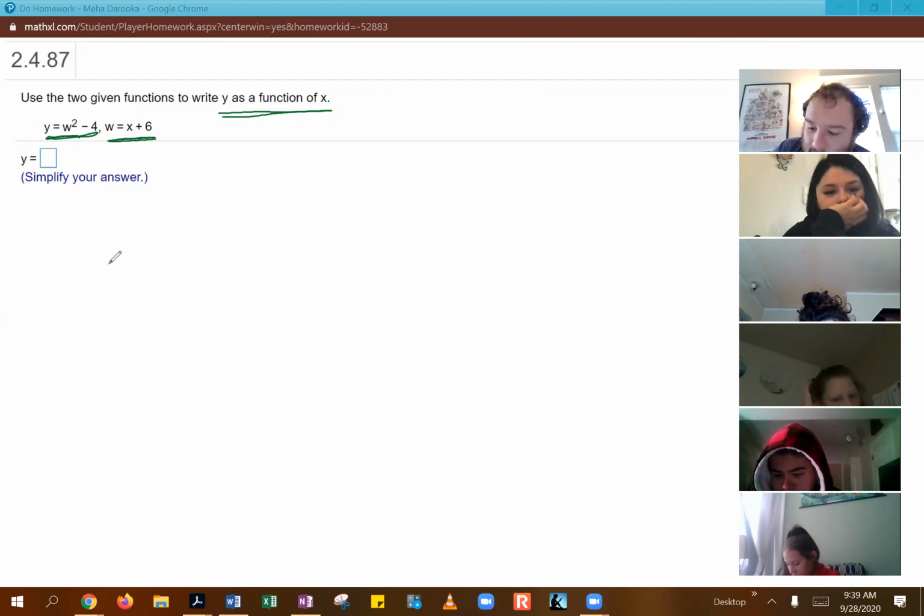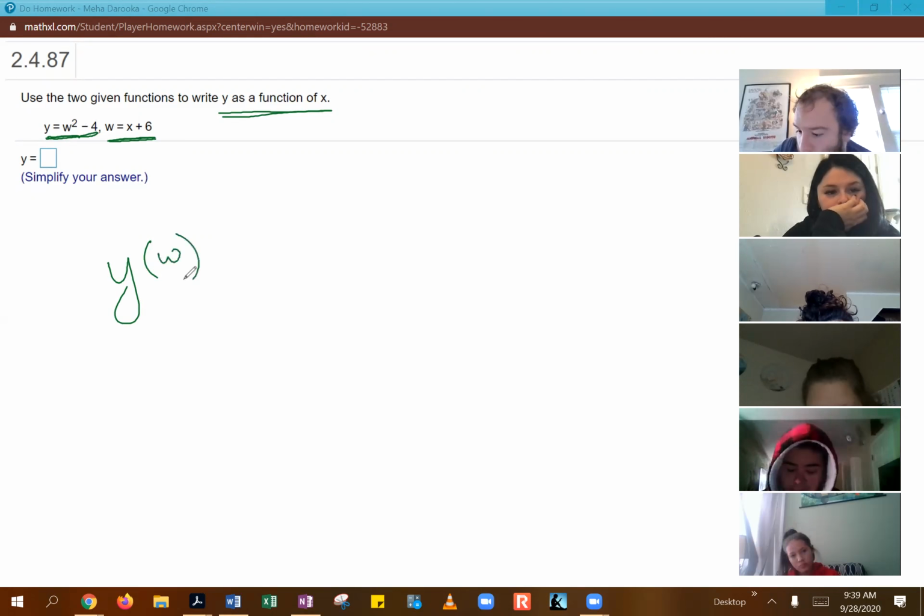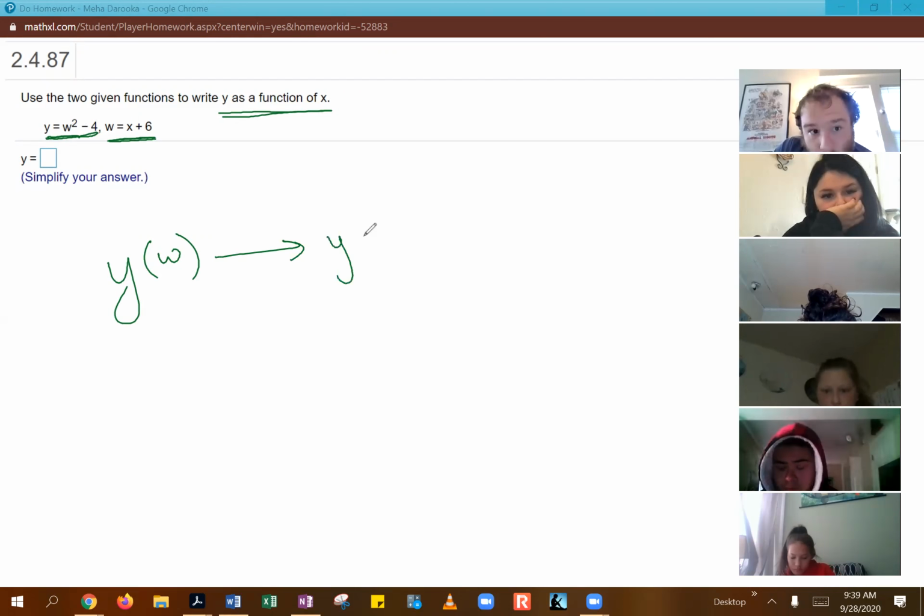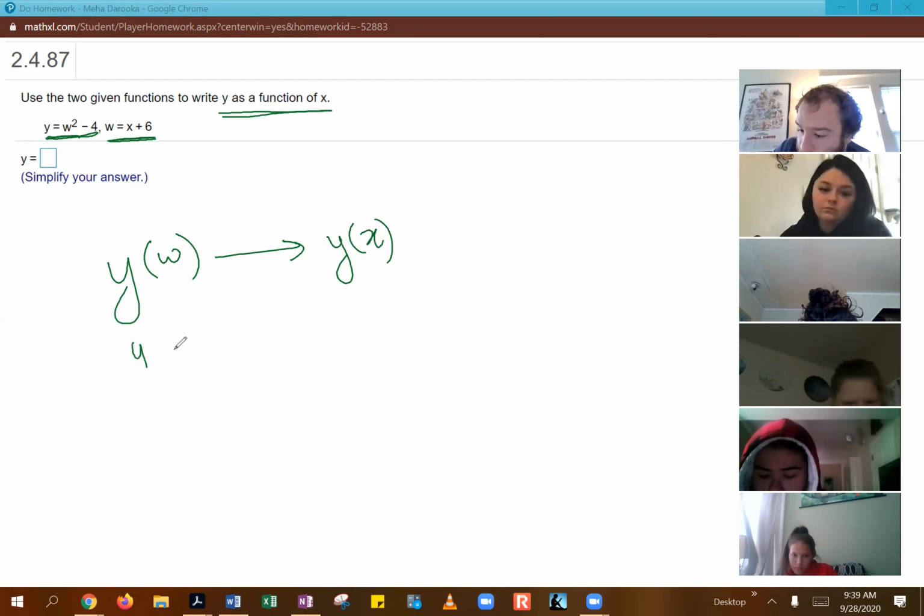So what is going to happen is you are going to take the y function and replace it. Right now it's y as a function of w, but we want to change it where y is a function of x. So technically you are going from y to w to x.